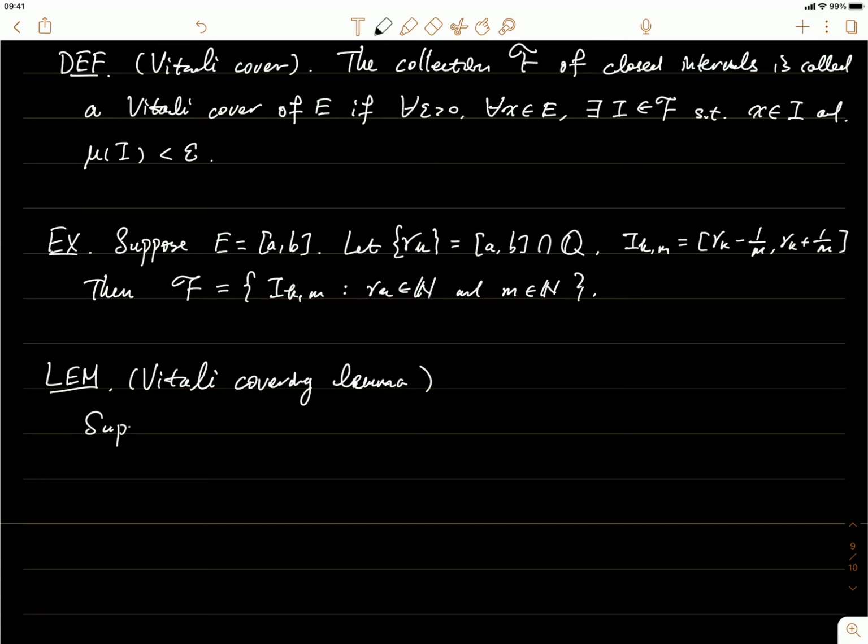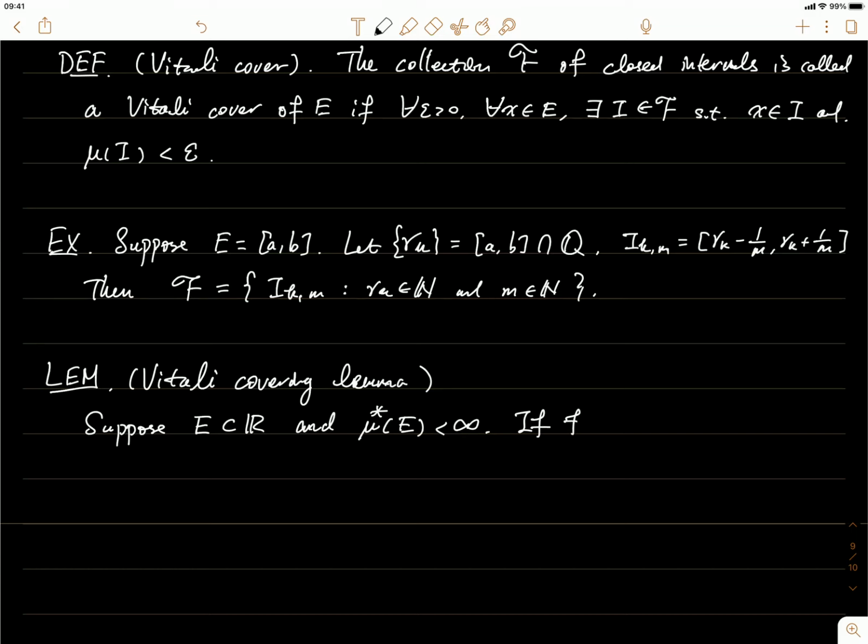Specifically, suppose that E is a subset of R, and we don't even need E to be measurable. We just say the outer measure of E is finite.